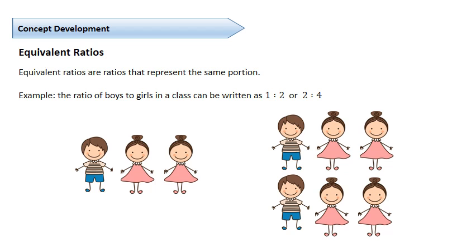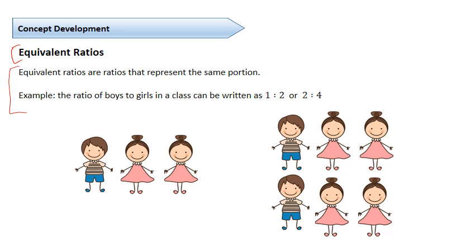Okay, this next section here, I'd like you to copy down into your books with the title Equivalent Ratios, and then the example. So equivalent ratios are ratios that represent the same portion. So we got down here the example ratios of boys to girls in the class can be written as 1:2 or 2:4.